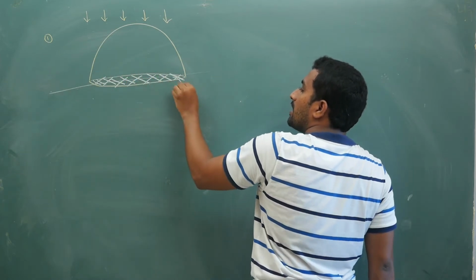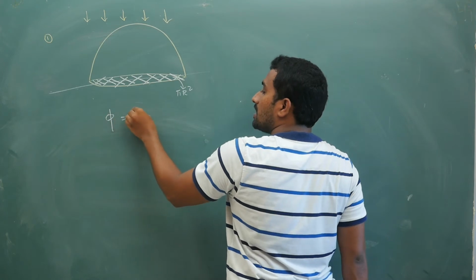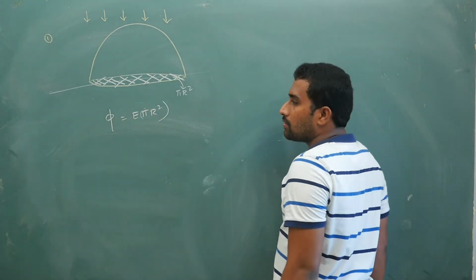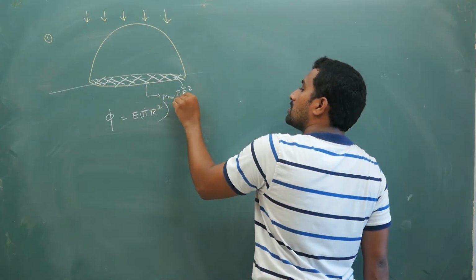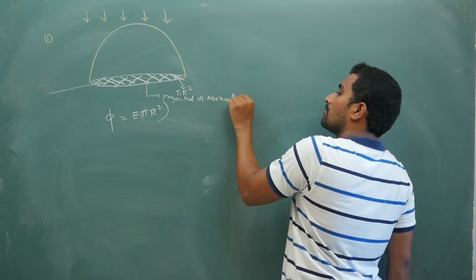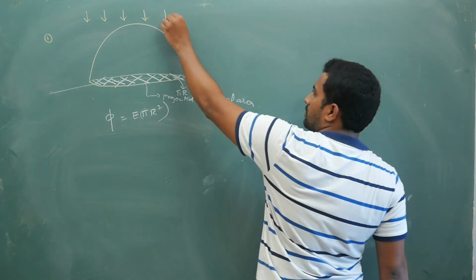This portion area is pi r square. So your flux is E times pi r square. This pi r square is called your projected or normal area.